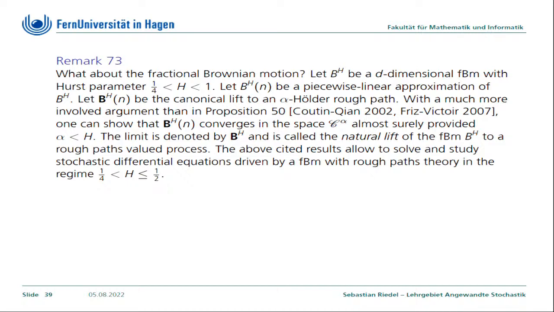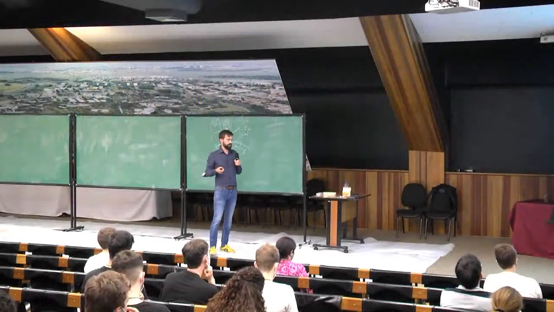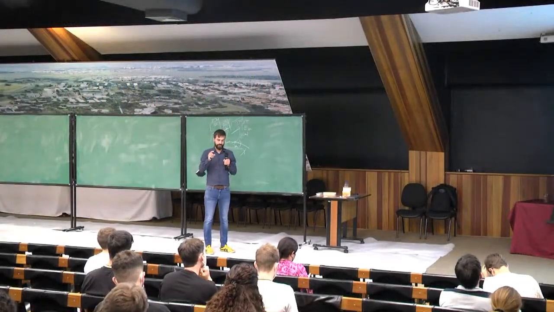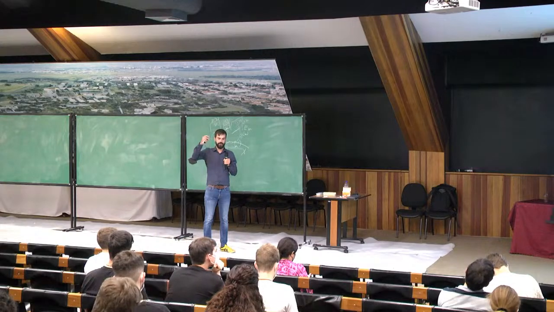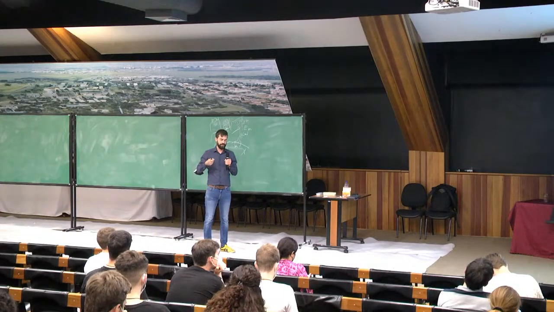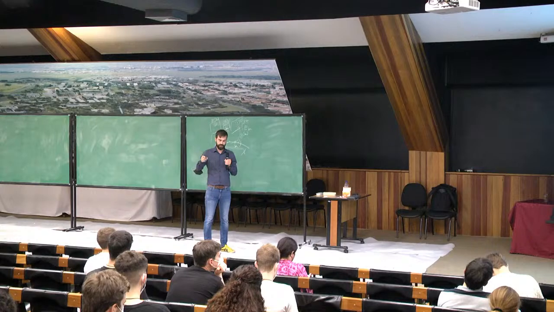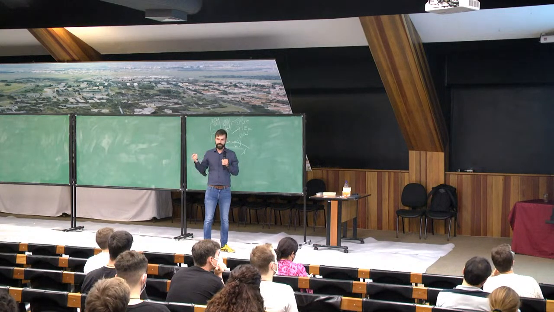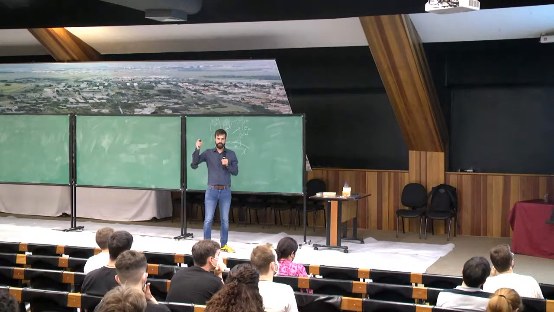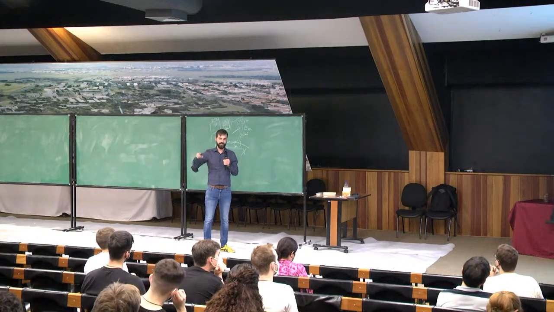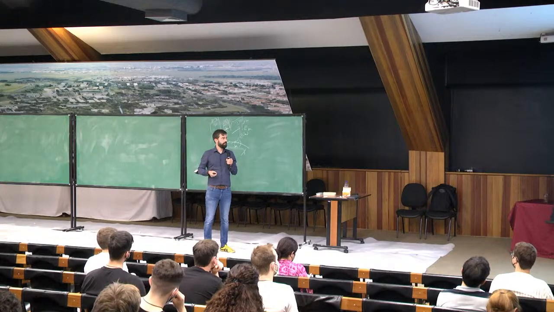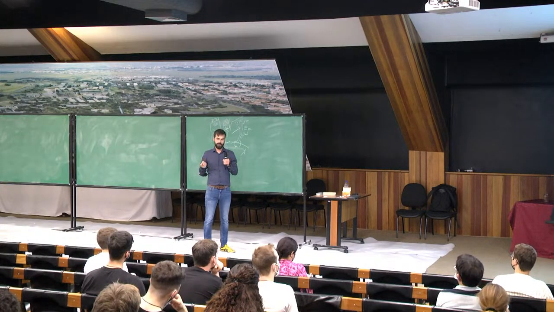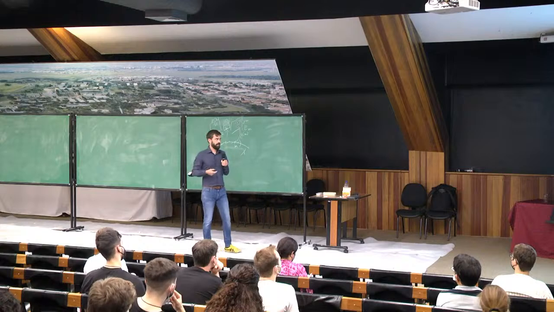So I told you also at some point that to give a lift of some path in R^d to a rough path, there's a theorem that tells you this can always be done. But usually there are infinitely many, and it's not clear what is a natural lift.